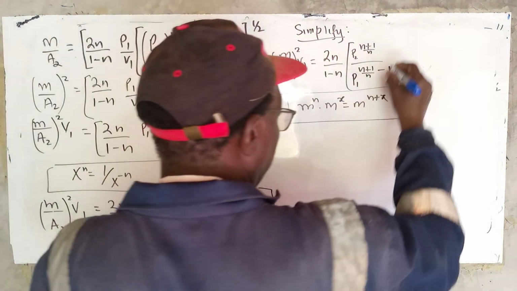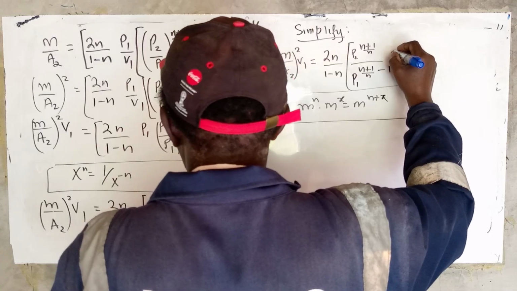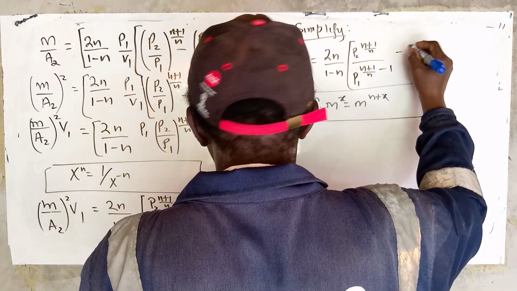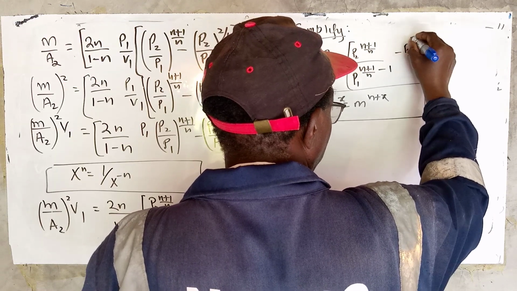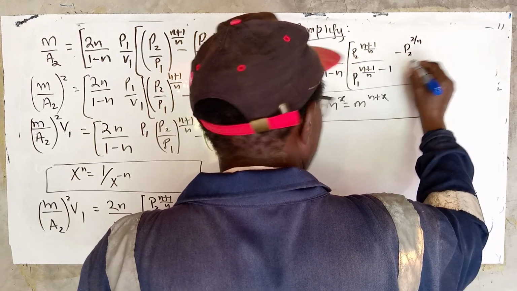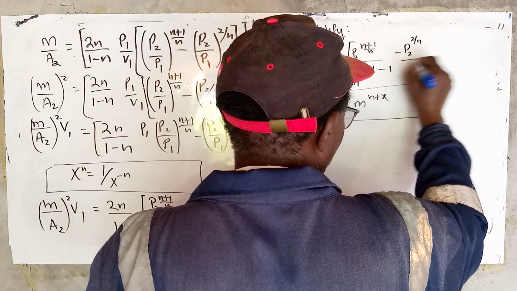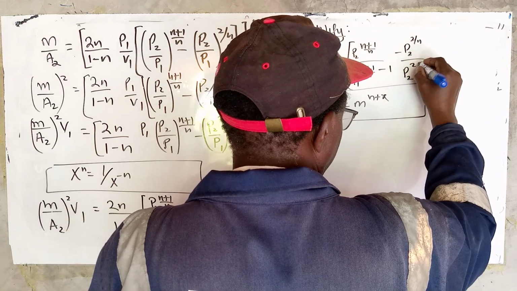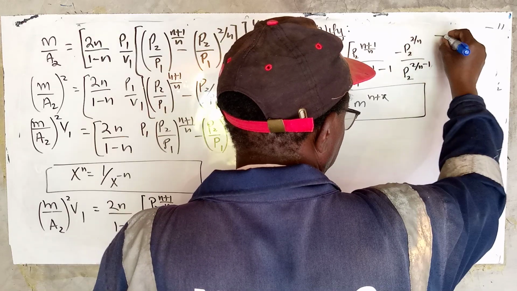And the other one will be, we have a minus sign there, we forgot to write it, minus P2 to the 2 over n over P1 to the 2 over n minus 1.